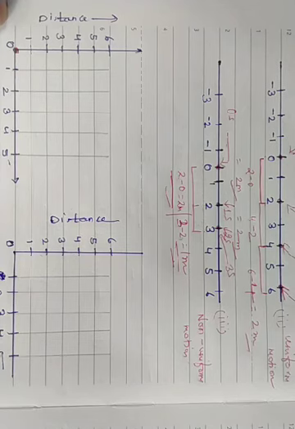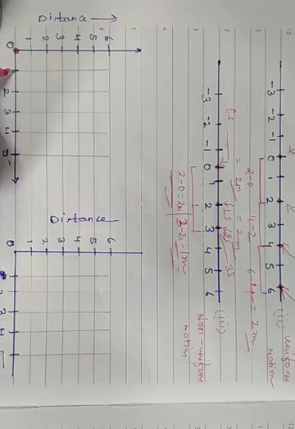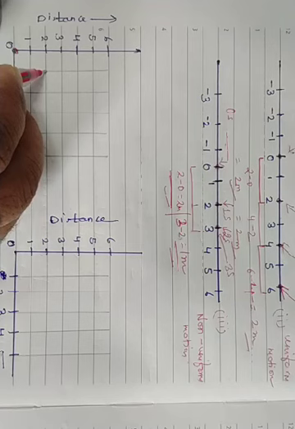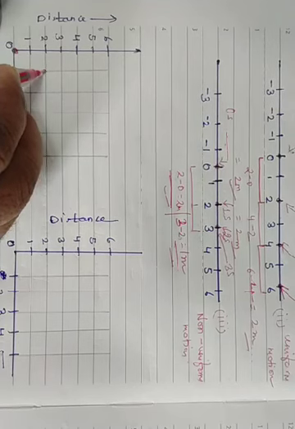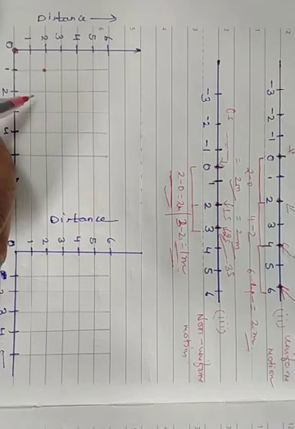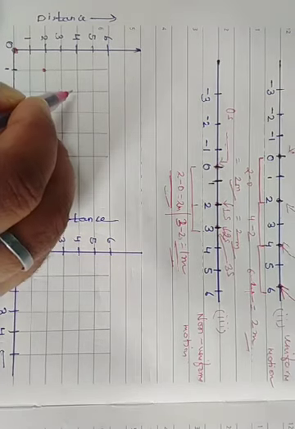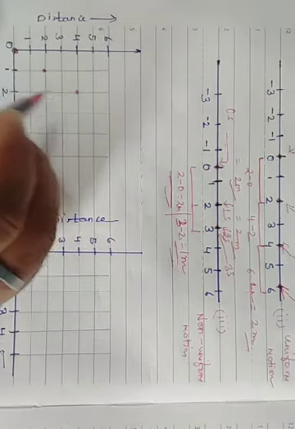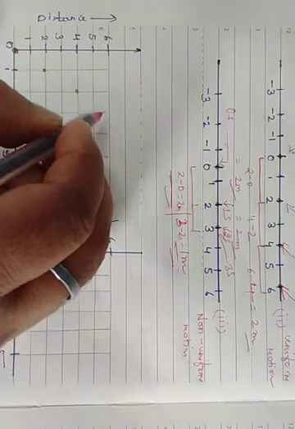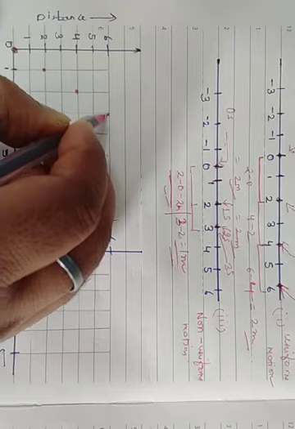In the first second, the body is here at a scale of 2 meter. In the second second, the body reaches a scale of 4 meter. In the third second, the body reaches a scale of 6 meter.